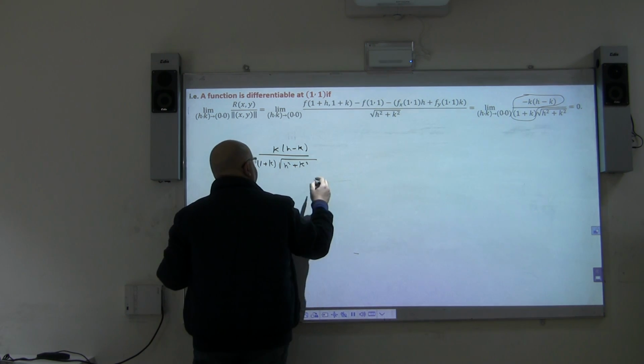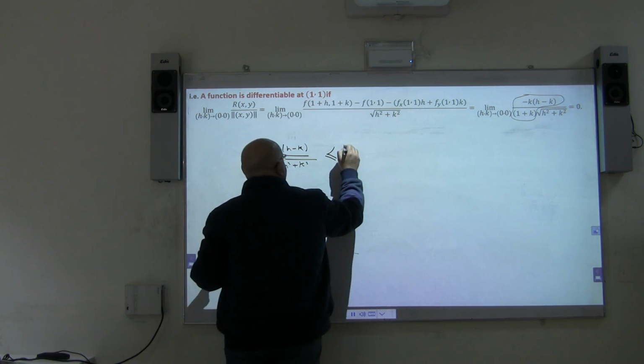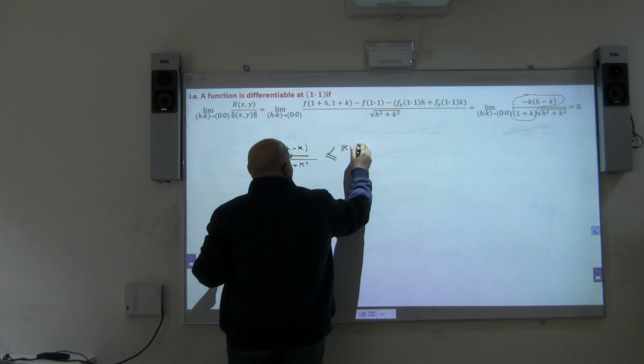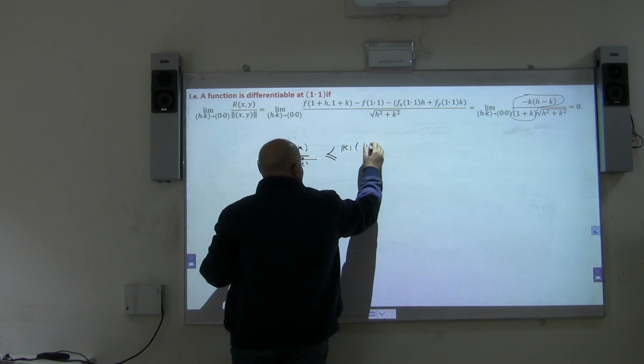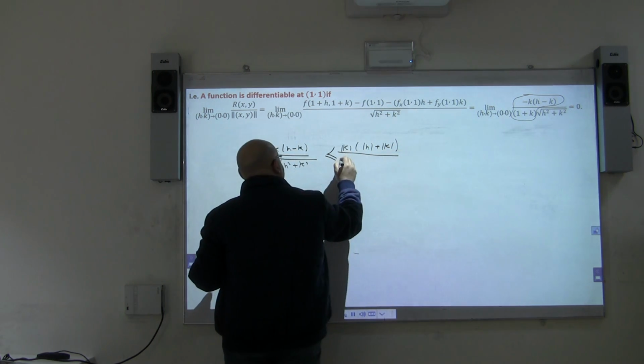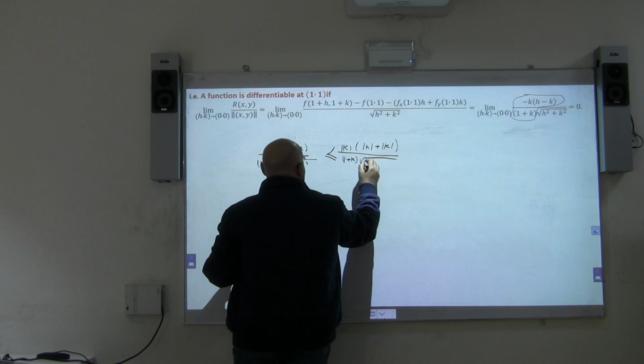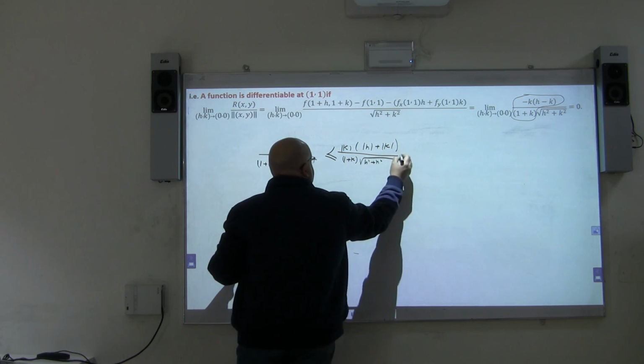According to our theories and what we went through previously, this is going to be less than or equal to the absolute of K times the absolute of H plus the absolute of K divided by 1 plus K times the root of H squared plus K squared.